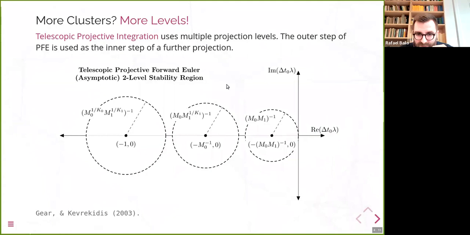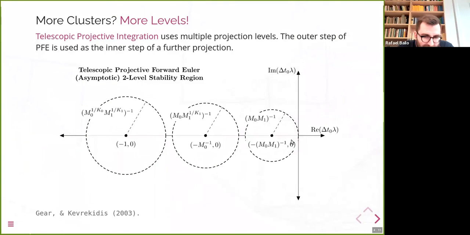But this is the asymptotic stability region. In fact, if you pick middle steps which are not too small, these disks actually merge. So there are configurations for the scheme where you get a single stability region, which looks a bit like one of those ice lollipops where there's three balls, but they sort of merge in the middle. So in fact, they contain the entire real axis from some minus constant all the way to 0.